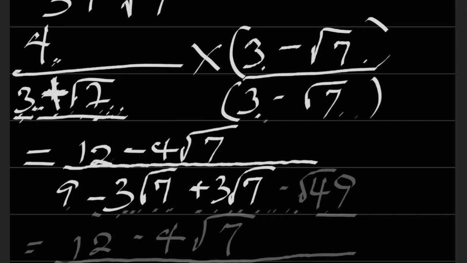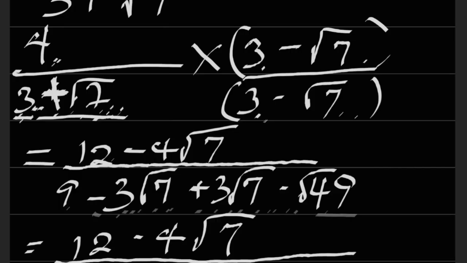And plus root 7 times minus root 7 is minus root 49. We move on. This will now be our numerator, 12 minus 4 root 7, all over 9.